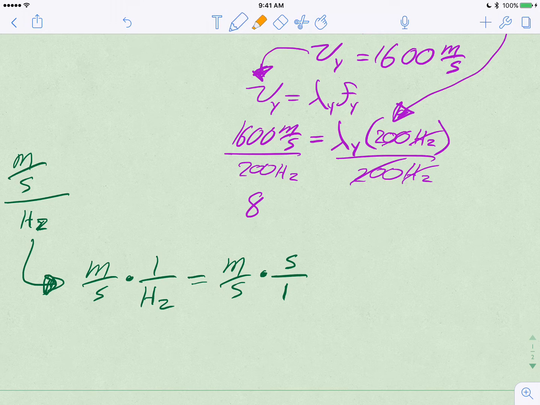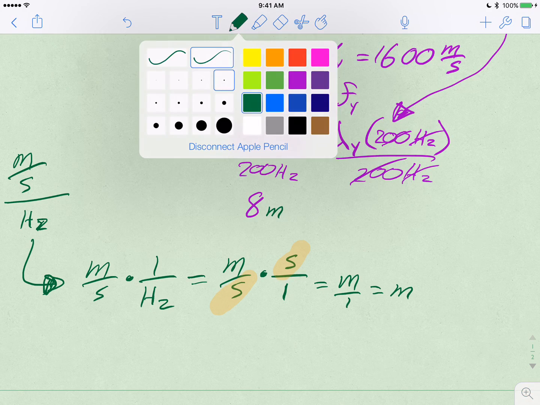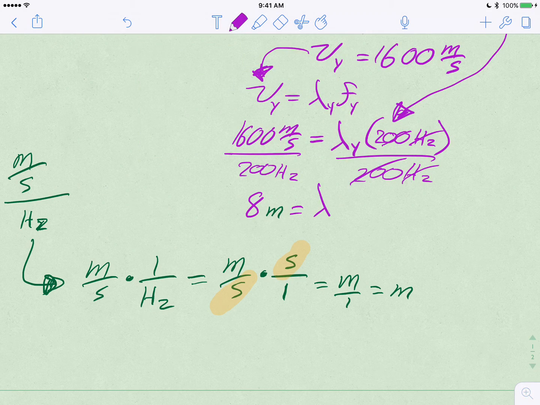So now you can see, we get to cancel our seconds with each other, and we're just going to get meters over 1, which is the same thing as meters. And that's good because that's the unit for wavelength. So your units always work out if you set up your equation correctly. All right, cool.